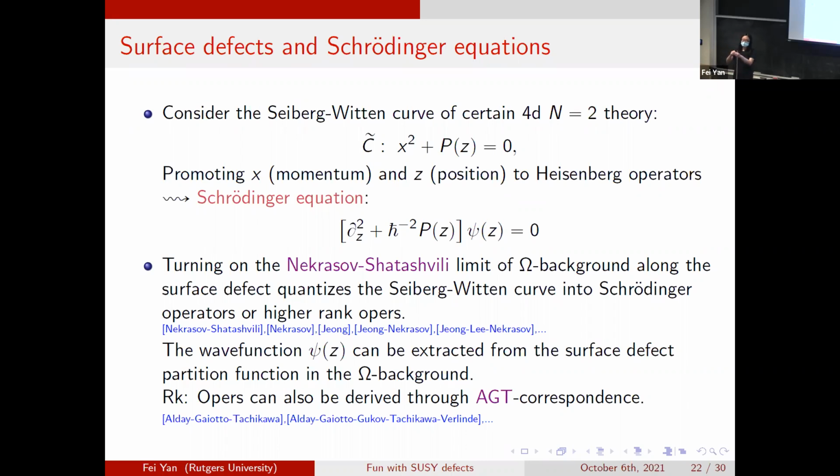You couple the 2D degrees of freedom to the bulk 4D degrees of freedom. Or equivalently, you could try to integrate out the degrees of freedom on the defect, and then that's going to give you a dual description in a sense, which is disorder, namely it specifies the boundary condition of the bulk fields around the surface defect. But there are explicit ways to describe such a surface defect.